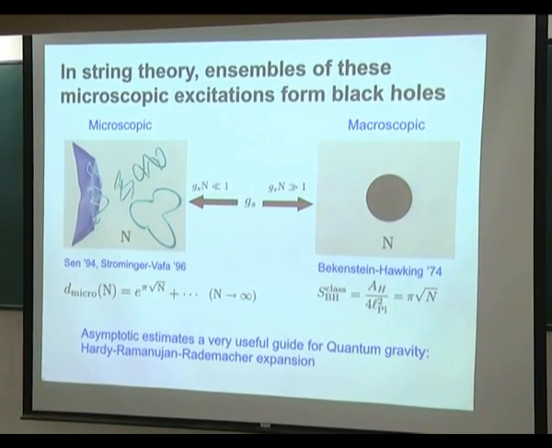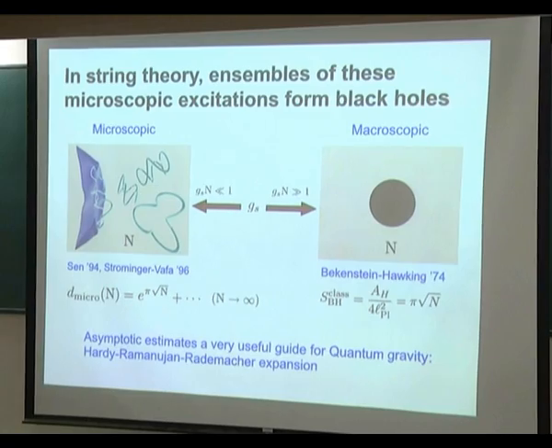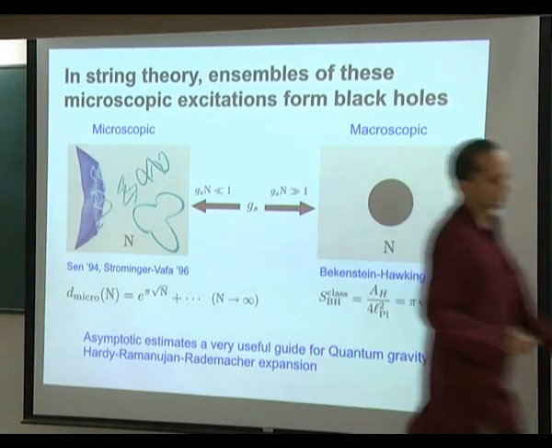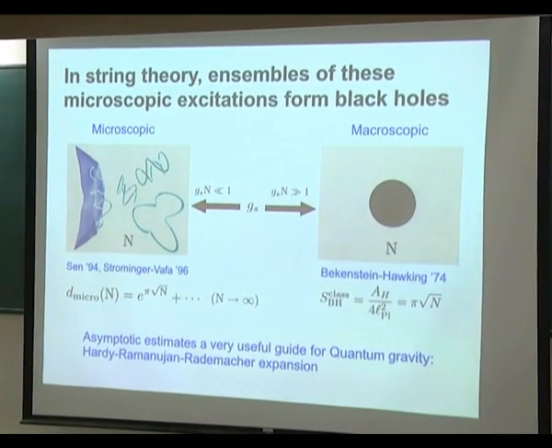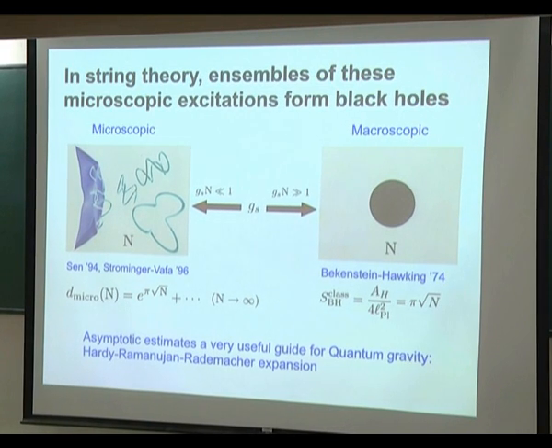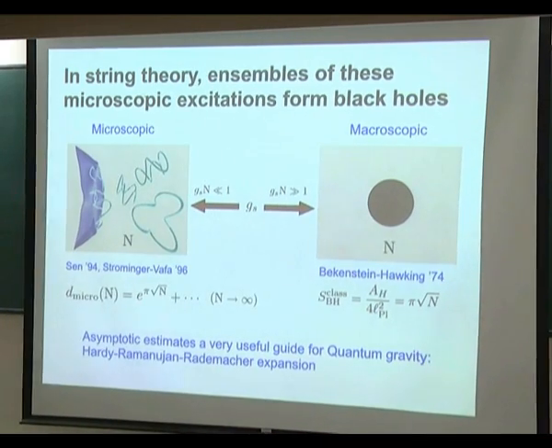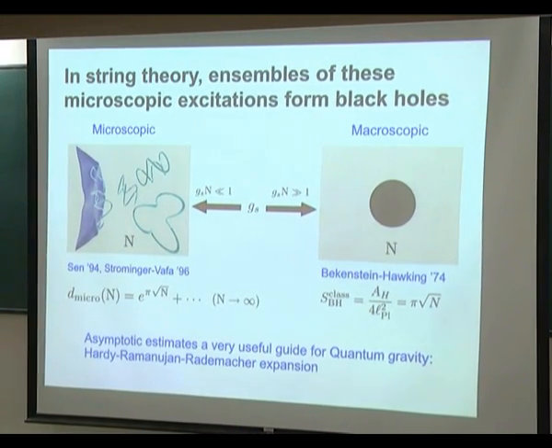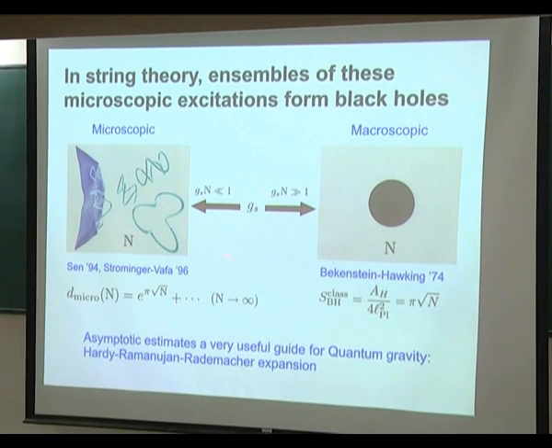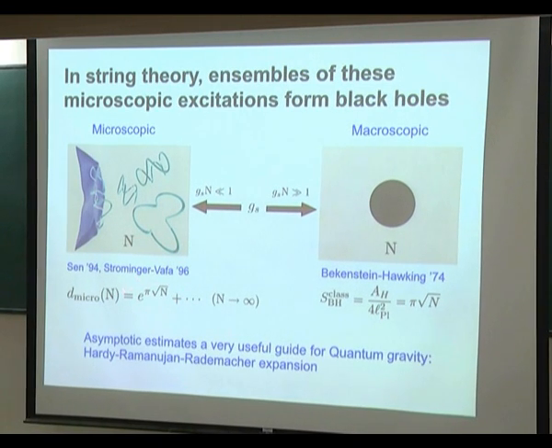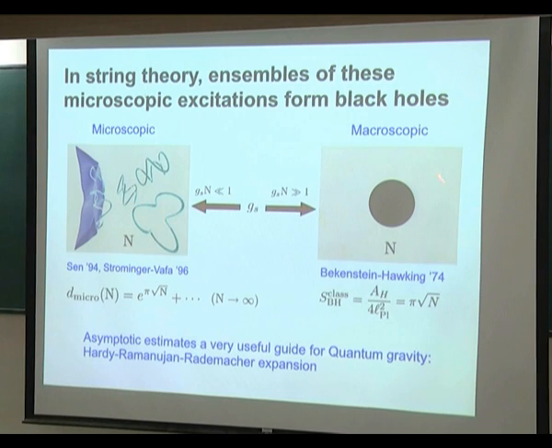Okay, so let's go on. So we saw that one instance where modular forms appear in physics is solutions to counting problems, and in this case they can be a very useful guide to other aspects of physics, in this case quantum gravity.